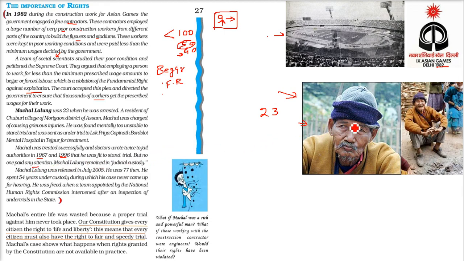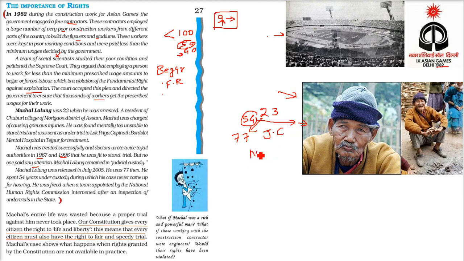So Machal Lalung remained behind bars in judicial custody, and he was released in July 2005. Then he was 77. The difference is 54 years. For 54 years this person was in prison without getting a proper hearing or trial.